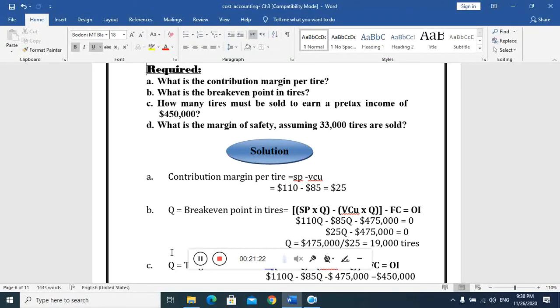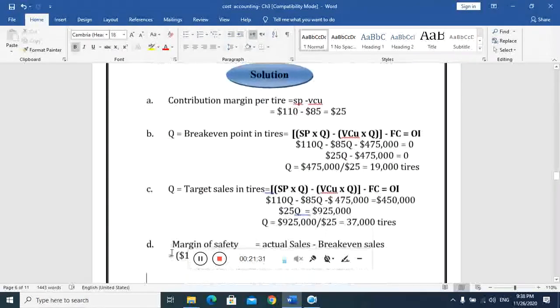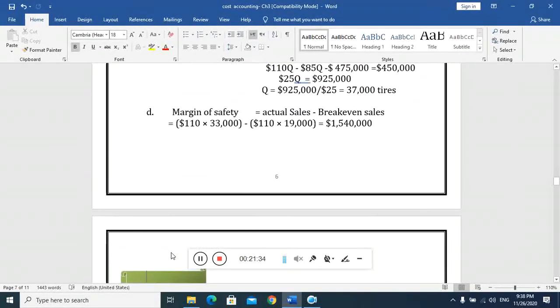He gave us the number of tires, and we can define margin of safety as the amount of revenue above the break-even revenue. After we achieve the break-even revenue, the amount above it is called margin of safety. So margin of safety will equal actual sales minus break-even sales.